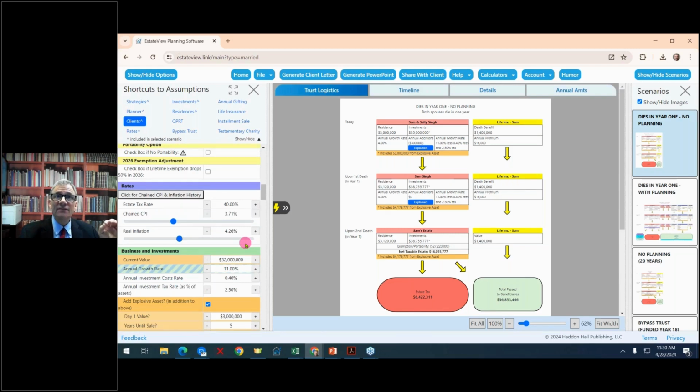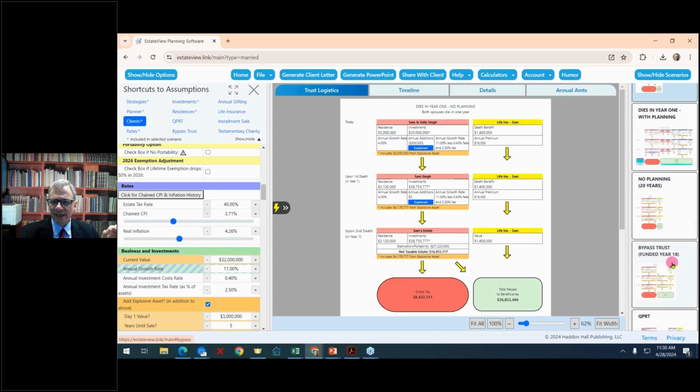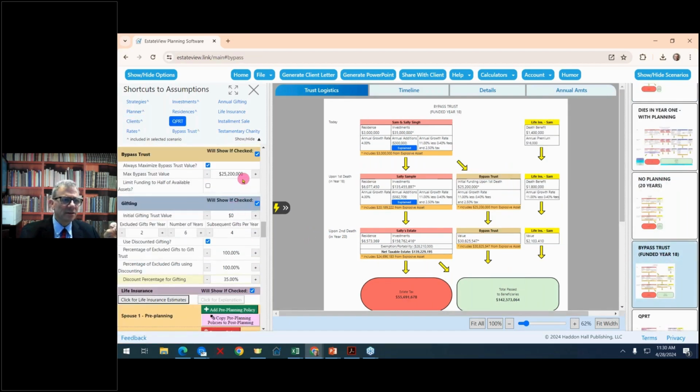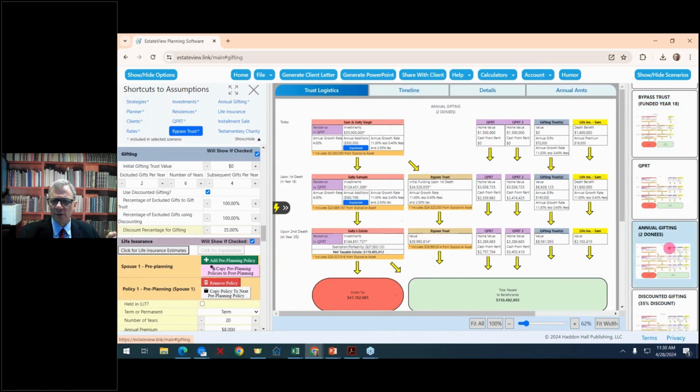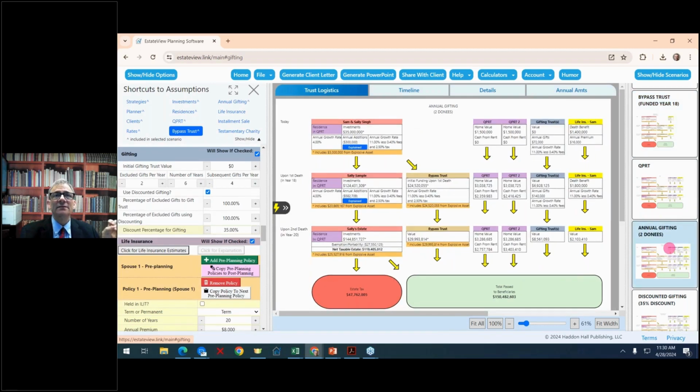I can provide for the maximization of a credit shelter trust on the first dying spouse's death, or limit it to only half of what the assets would be at that time, or manually crank it up or down. I can have them jointly gifting to a gifting trust while they're both living, and then after the death of one of them, only the survivor is gifting to the irrevocable gifting trust.